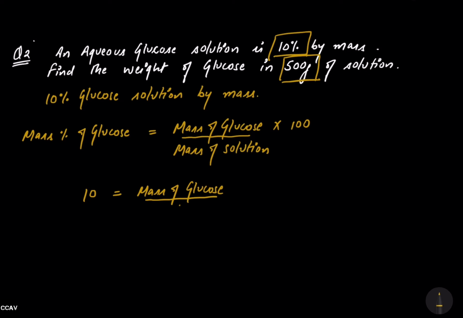It's 500, into 100. The mass of glucose comes out to be 50 grams. Hopefully, my dear students, it was a very easy and simple question. So please have a look.